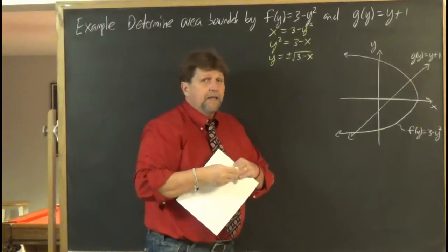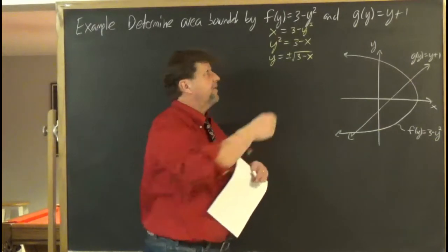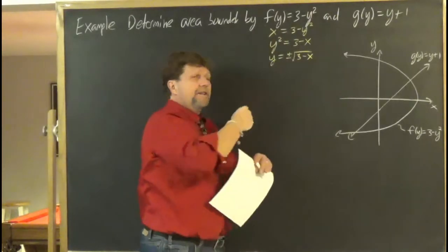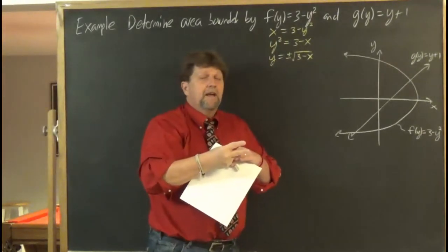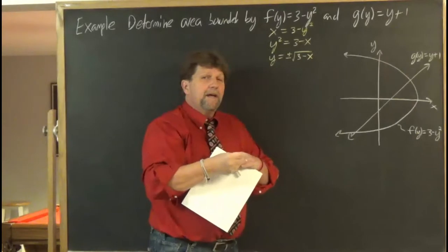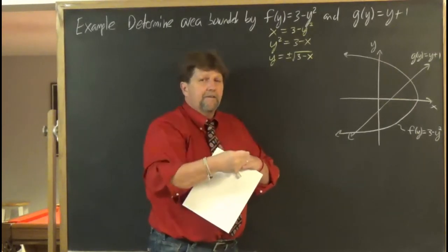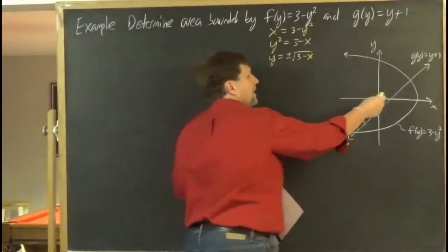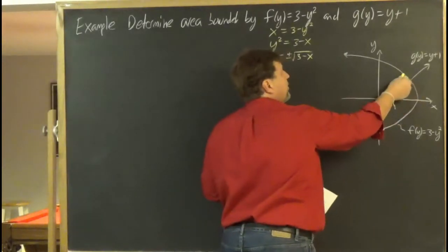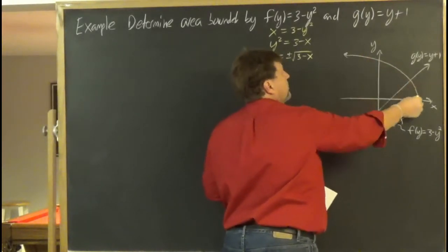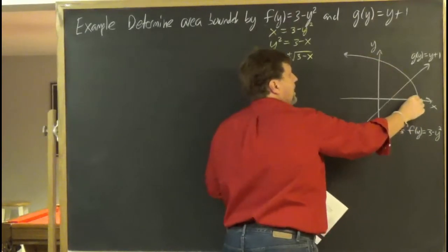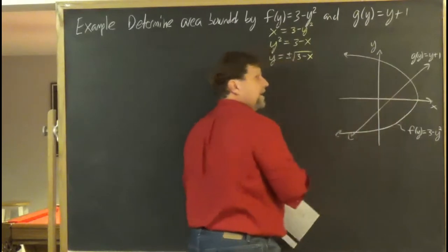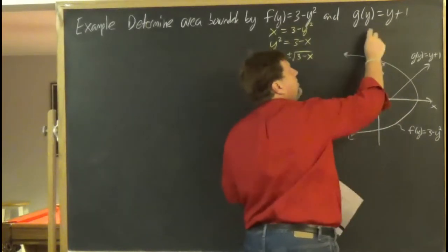So if I wanted to use my calculator to get this graph, I'd replace f of y with x and then solve for y. Notice I'd have two things to graph: the square root of 3 minus x and the opposite of the square root of 3 minus x. The top piece of this parabola is the square root of 3 minus x. The bottom piece is the opposite of the square root of 3 minus x. And of course I could do the same thing here.